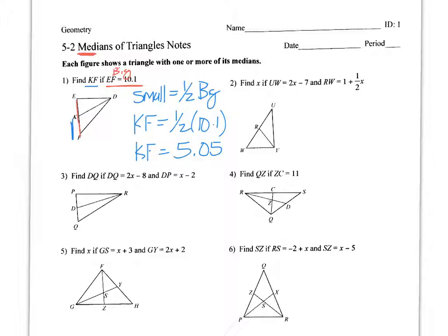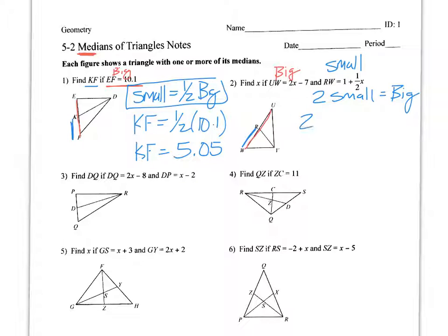All right, let's go to the next one. It says find X if UW. So UW is the big, and RW here is the small. You could use this same relationship over here on the left, but I don't like fractions, so in this case what I'm going to use is 2 times the small equals the big.